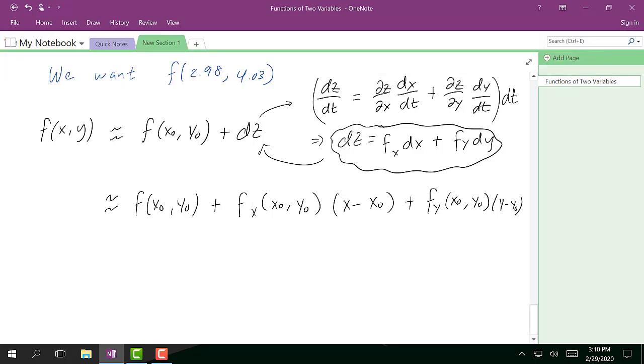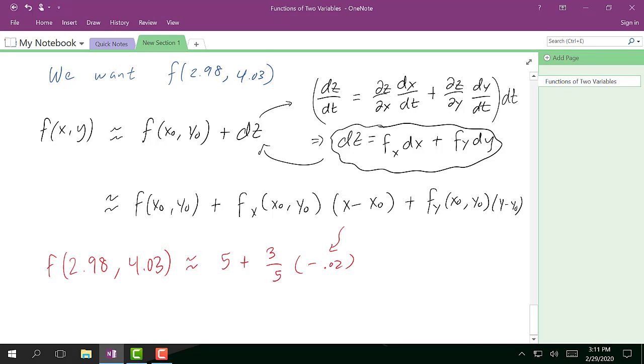So what we get for this example, our answer is going to be f of 2.98, 4.03 is approximately equal to 5 plus 3/5 of negative 0.02. So this comes from here.